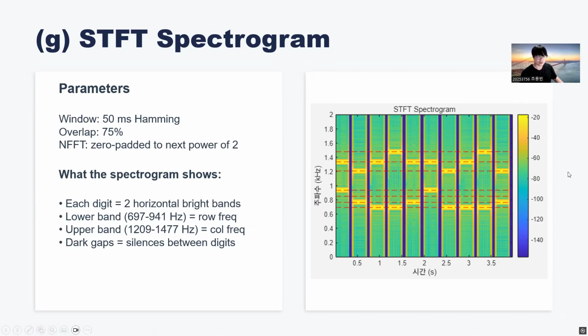So by making this spectrogram, we can maybe use a convolutional neural network or others to analyze the signal visually.